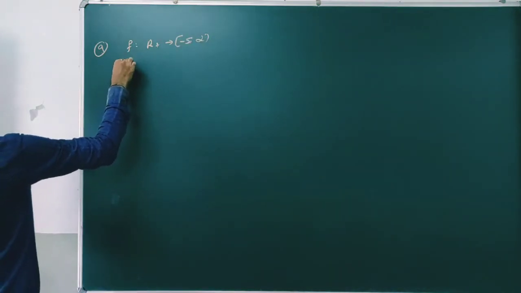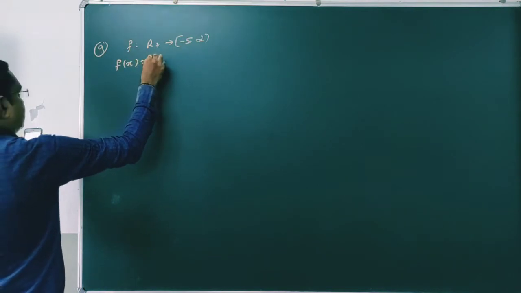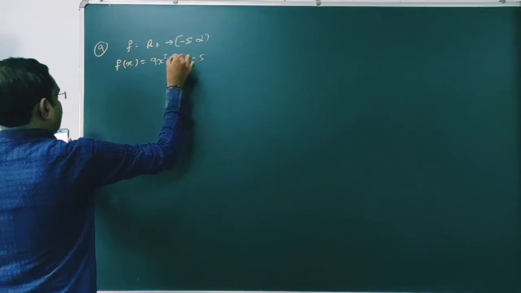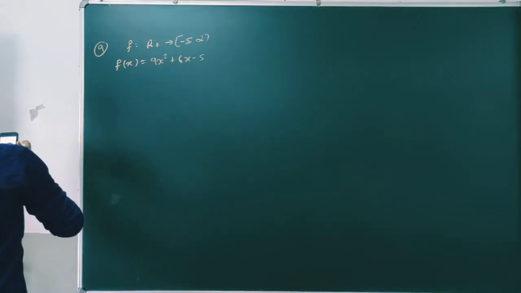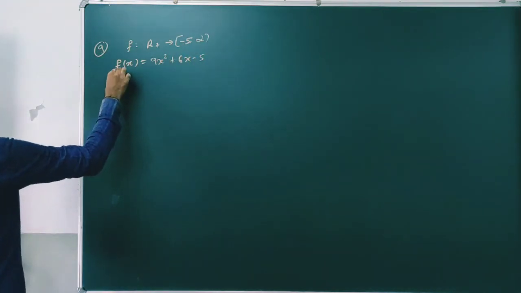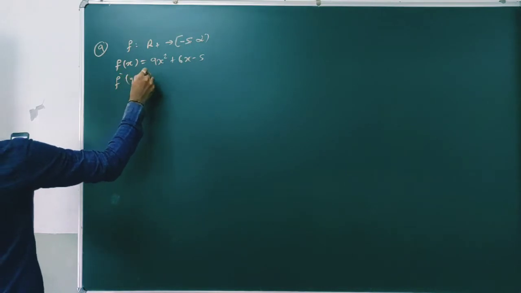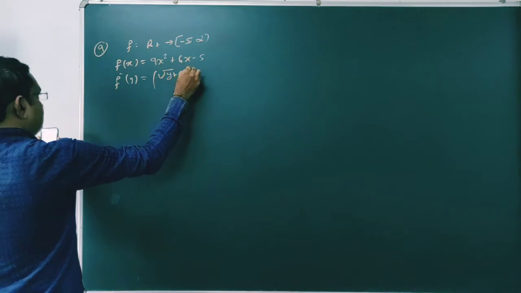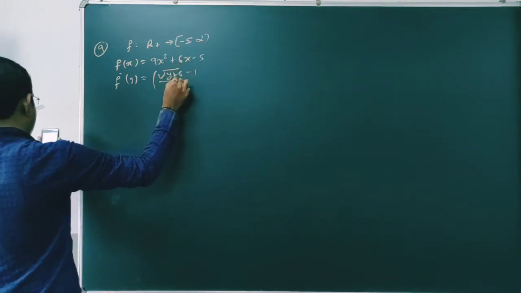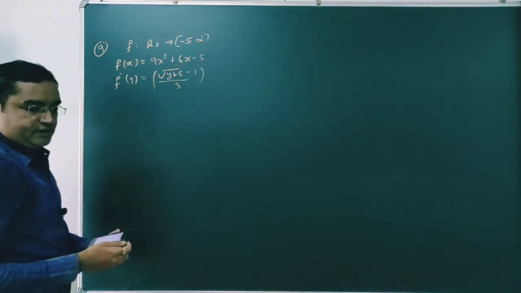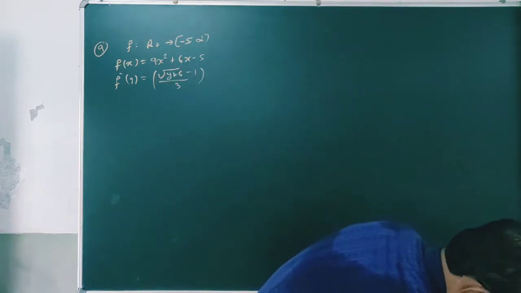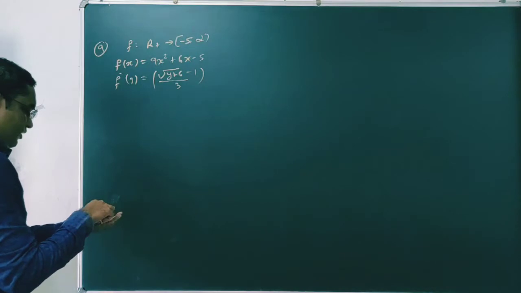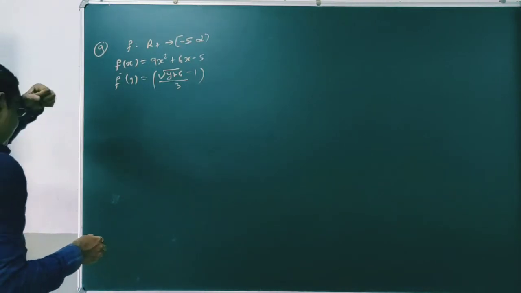The function is defined as f of x equal to 9x square plus 6x minus 5, so that f is an invertible function and the inverse of the function is square root of y plus 6 minus 1 divided by 3. This given function is invertible and we have to prove its inverse comes out like this. Done. So to prove an invertible function, what will we do?